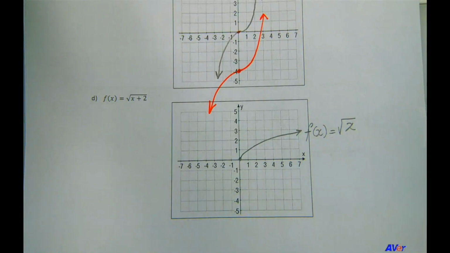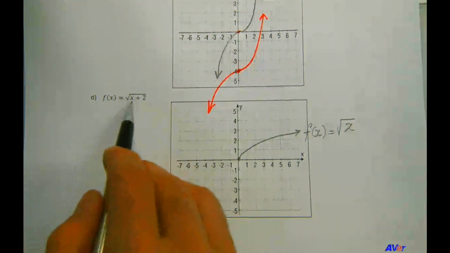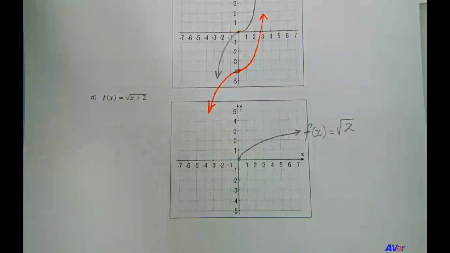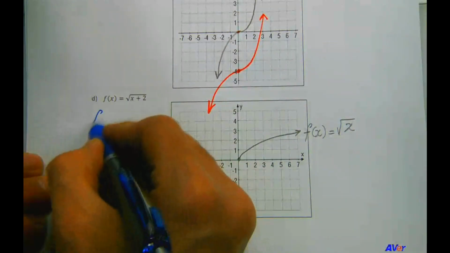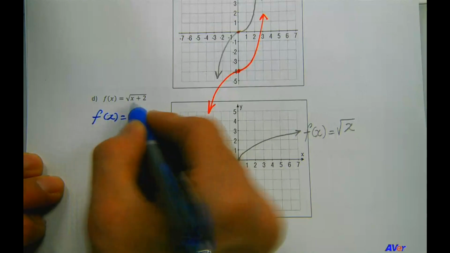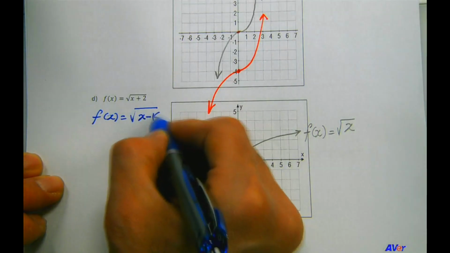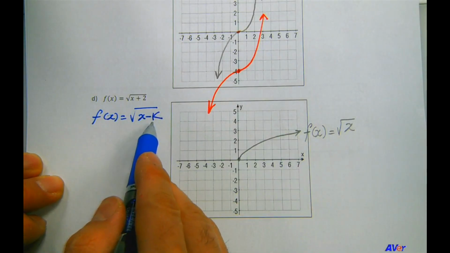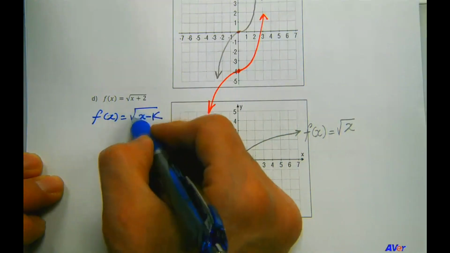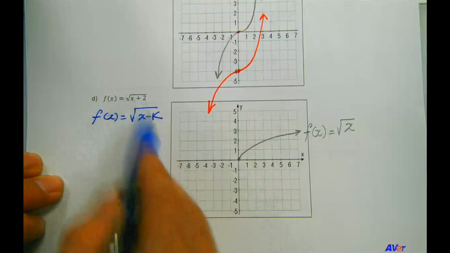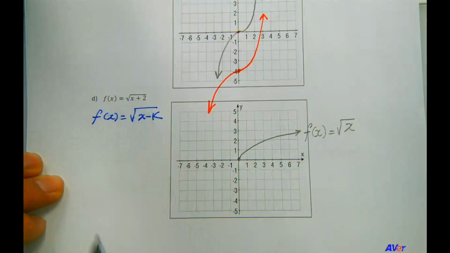That's with no transformation. But this is positive 2. So compare that with the original general function for a square root function, x minus k. Compare this with that. That means k must have been what value?